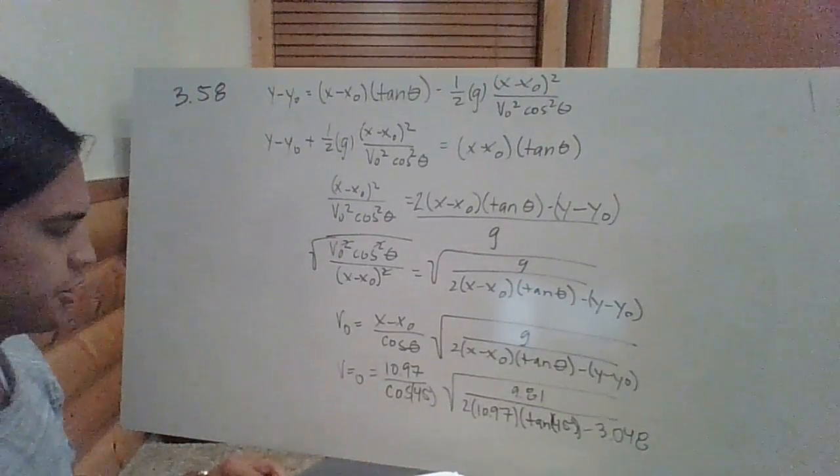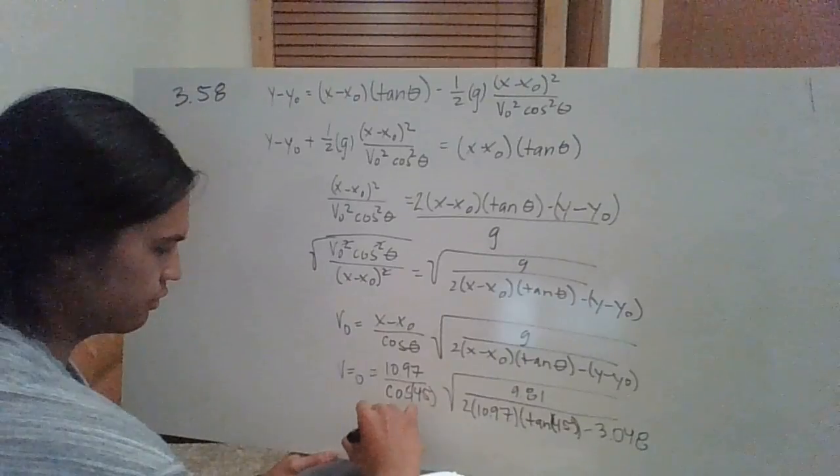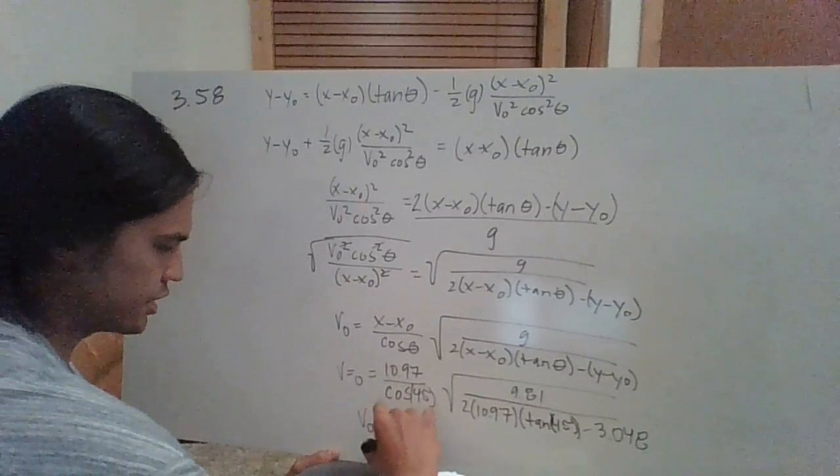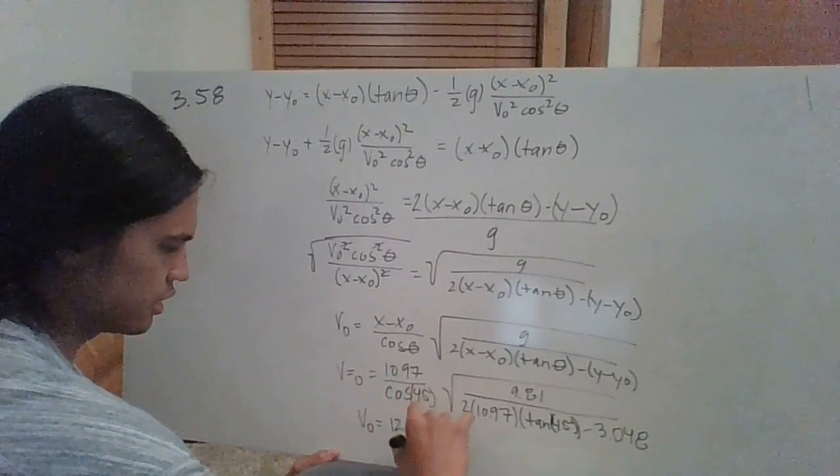If you plug all this into your calculator, it'll give you v naught, or initial velocity, of 12.2 meters per second.